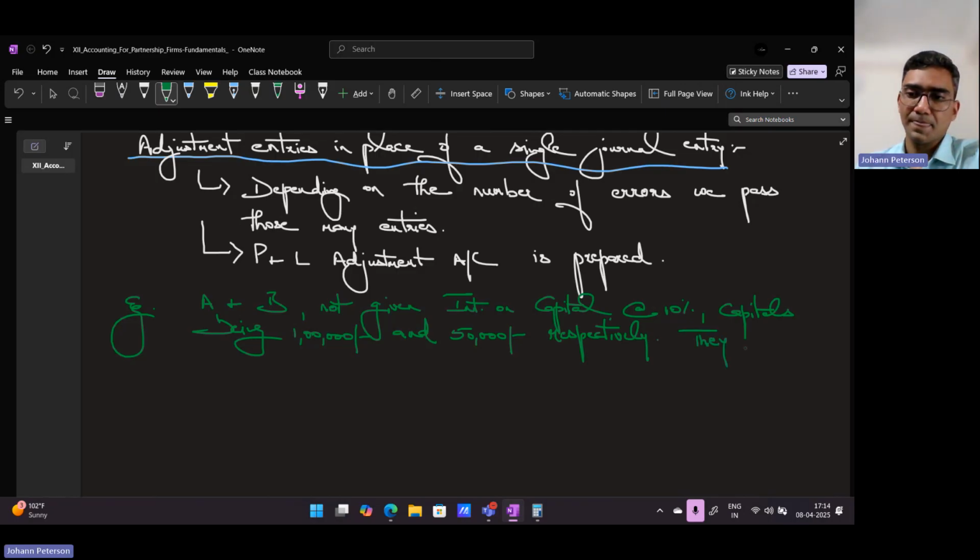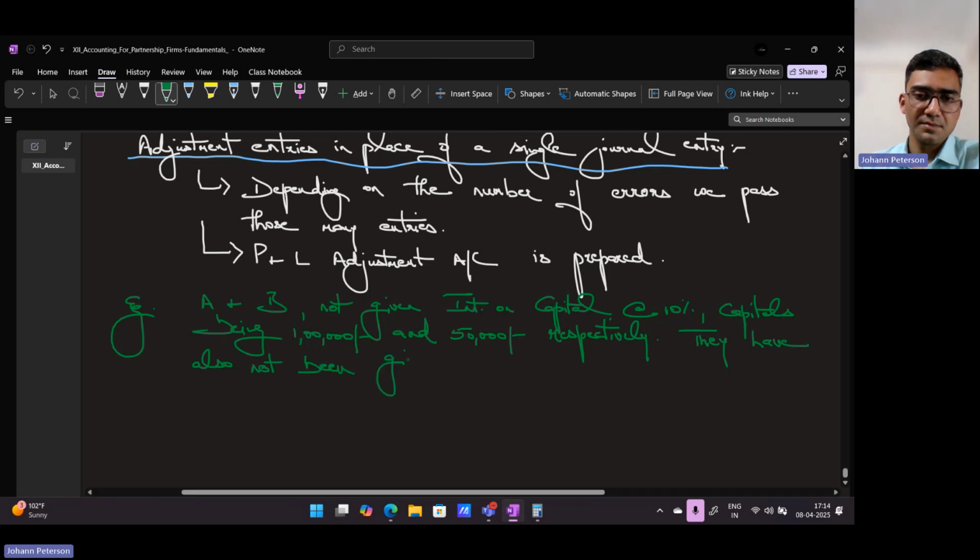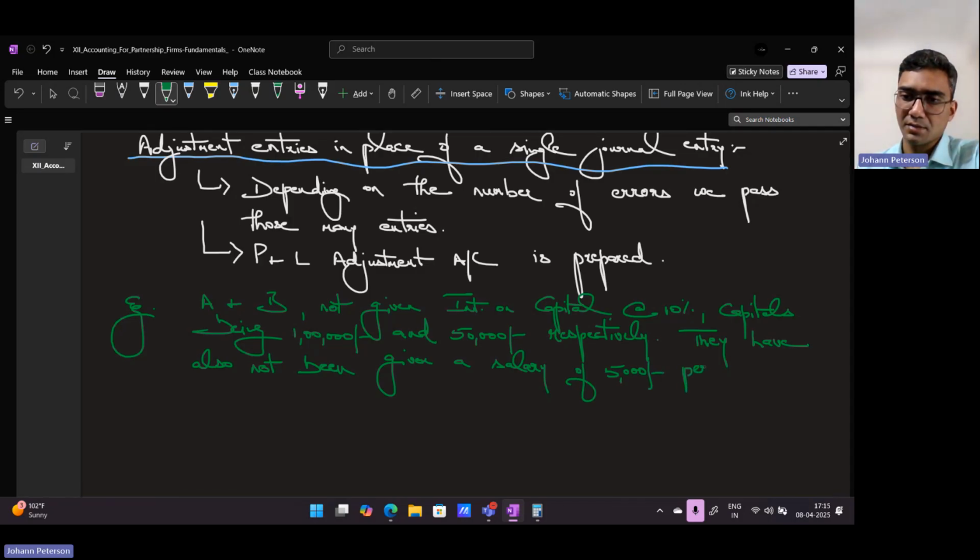They have also not been given a salary of 5,000 per month.